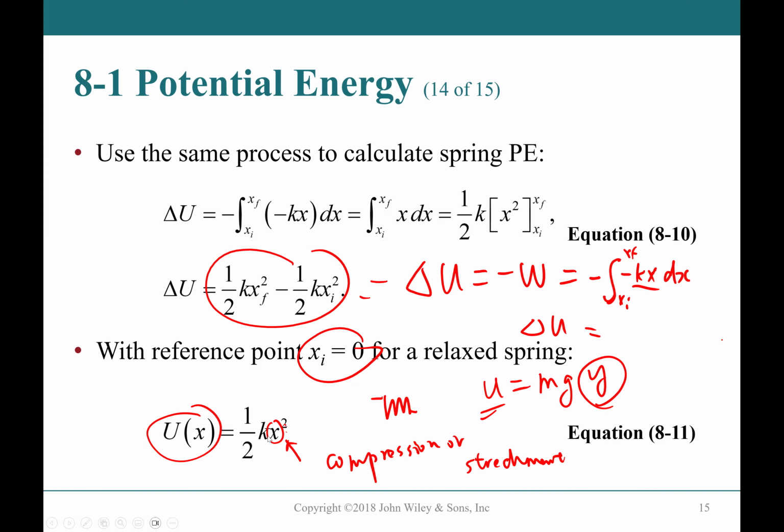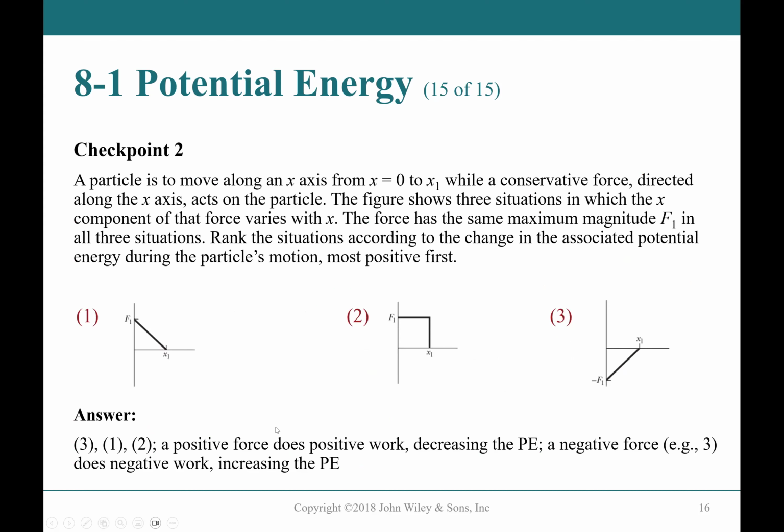That's why you have 1/2 kx squared. It's derived from doing the integration, but try to understand it conceptually. The bigger the compression or stretchment, the bigger the potential.